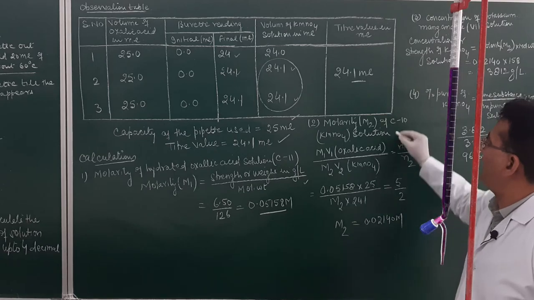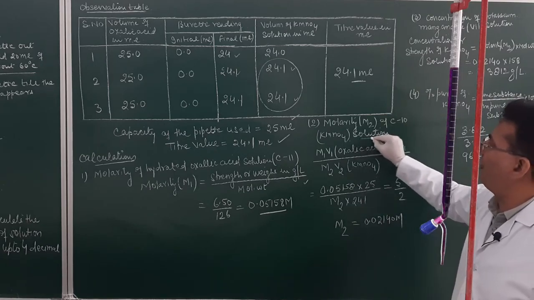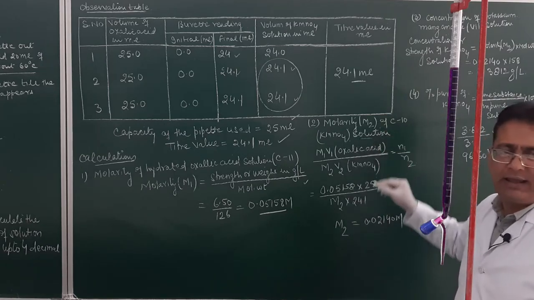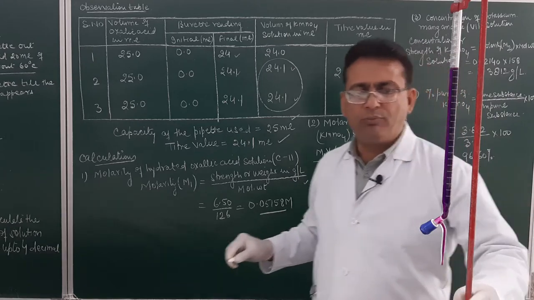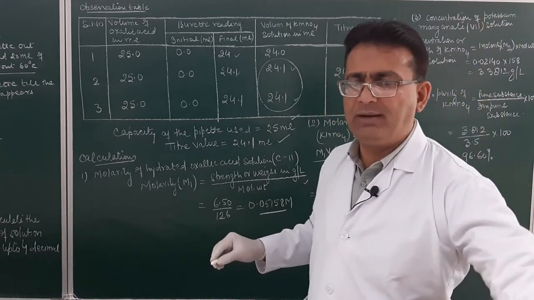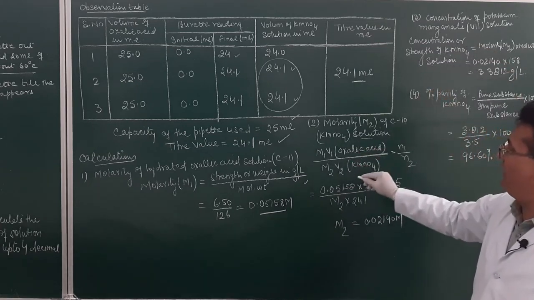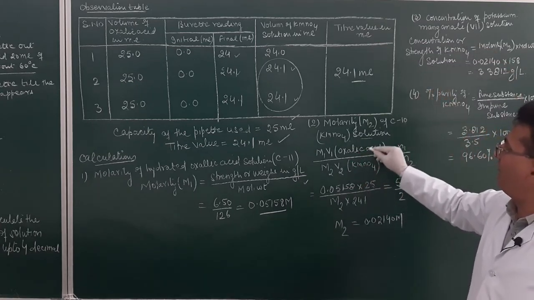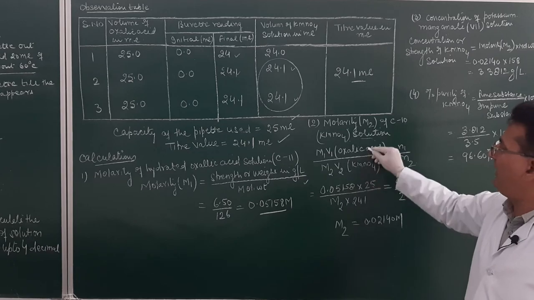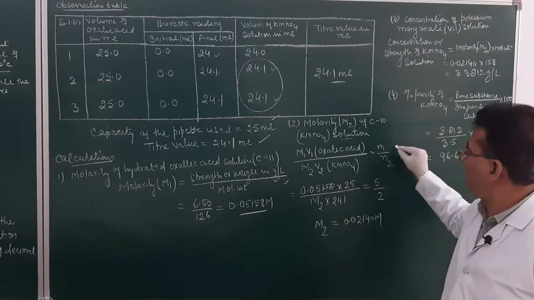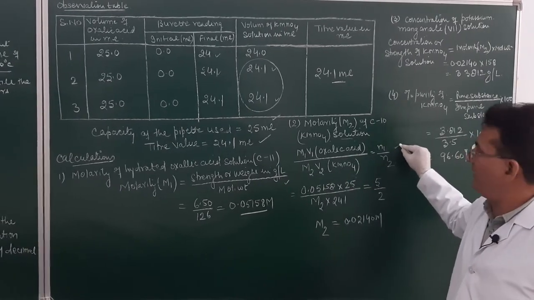Second, we have to find out the molarity of KMnO4 solution, which is the C10A solution over here. So, molarity of KMnO4 solution will be M1V1 upon M2V2. M1V1 will be for oxalic acid, M2V2 will be for KMnO4 solution. This will be equal to N1 upon N2.